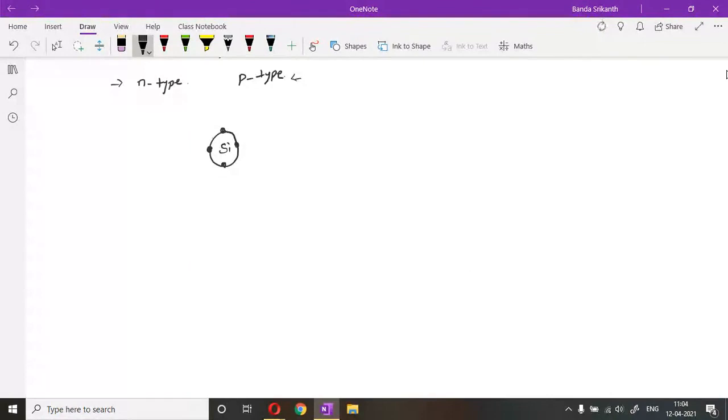So if you take a semiconductor material, suppose this is a silicon material, and you want to convert this silicon material either into the N type material or into the P type material.